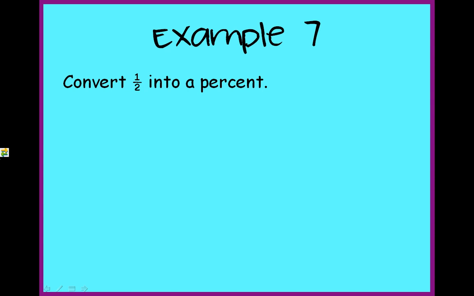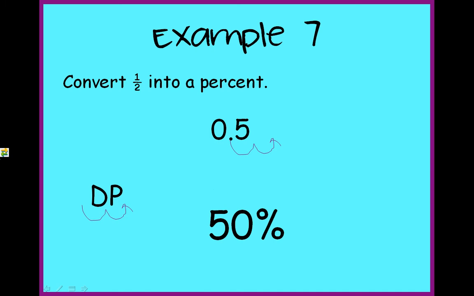Well, this here is a common fraction, and we know that as a decimal it is 5/10. So now we have a decimal, and we need to change it to a percent. We use our Dr. Pepper, move 2 places to the right, take our number, move it 2 places to the right. You'll add a 0, and then you will see that your answer is 50%. So 2 steps here. Change it to a decimal, then change it to a percent.